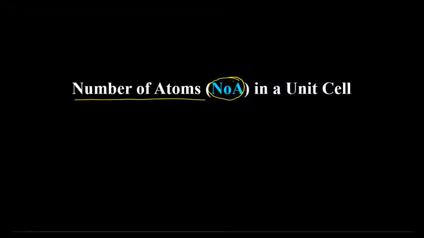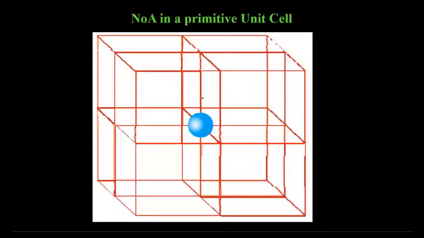So for example, we talked about that at the corner, the contribution of one atom is just 1 by 8. But there are 8 atoms on 8 corners. 8 into 1 by 8, there was only one atom as a whole.